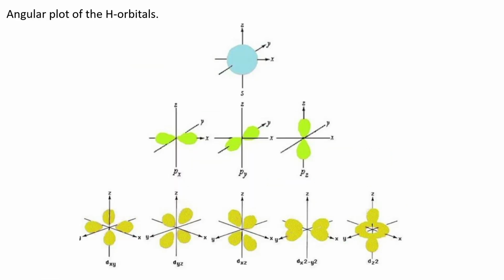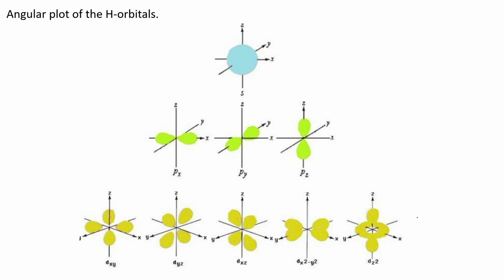And if you plot the angular orbitals, this is the S wave, and then there are 3 P waves which look like dumbbells, Px, Py, Pz, and then there are 5 D orbitals which look like blobs along the axes. They are called dxy, dyz, dxz, dx squared minus y squared, and dz squared.